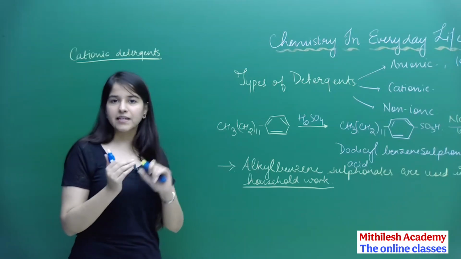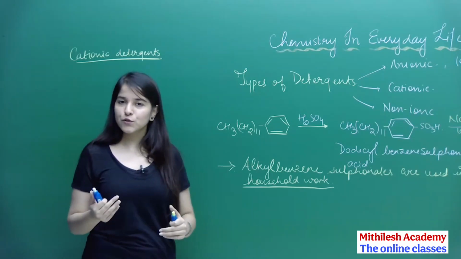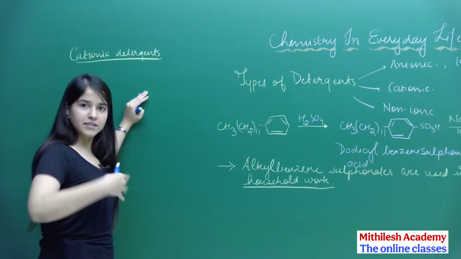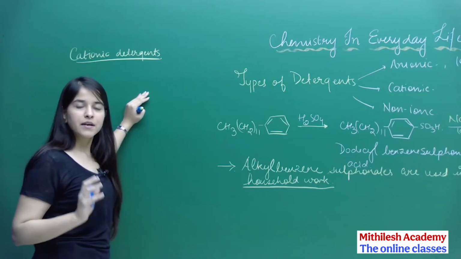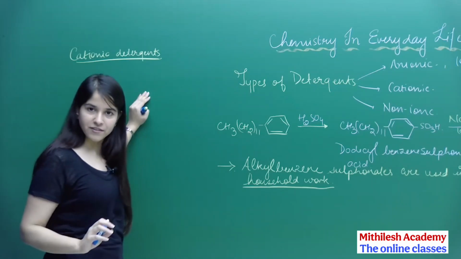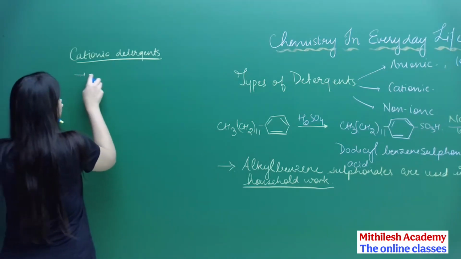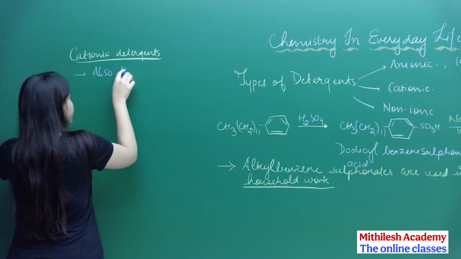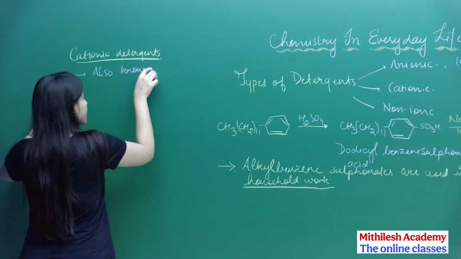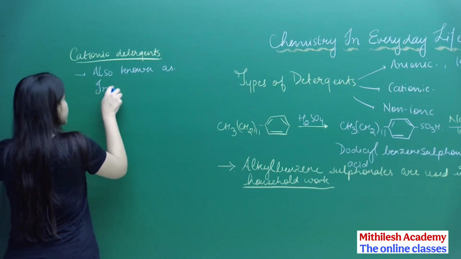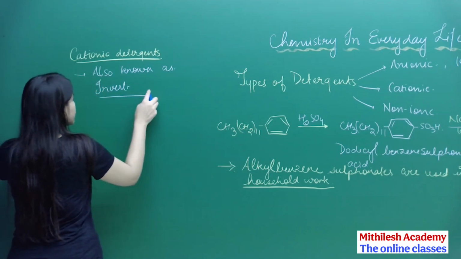So this kind of detergent is also known as the invert. That means I am using the opposite ion, the counter ion, for my main removal of oils or removals of fat. So basically it is also known as invert detergents. That is just for your information.